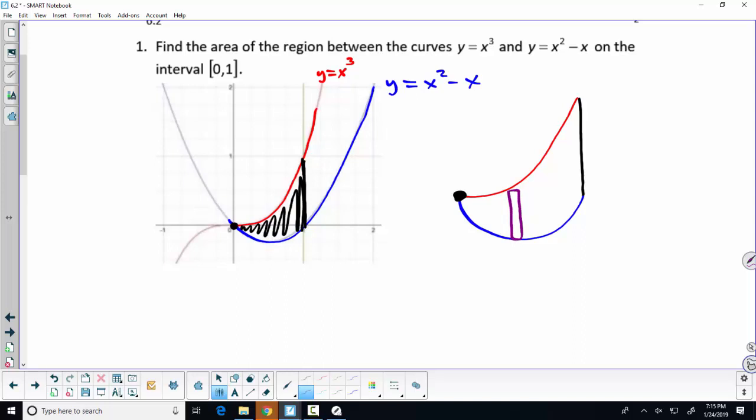One of the things we're looking for is, do the top and bottom functions, top minus bottom, ever change or switch places? I start here with this rectangle, then this one, then I end over here with this one. Do the top and bottom functions ever change? No, so we can take care of this with just one integral.